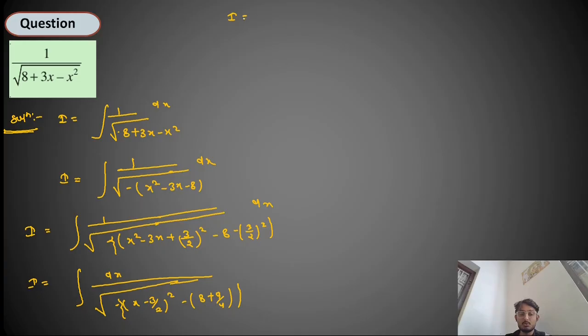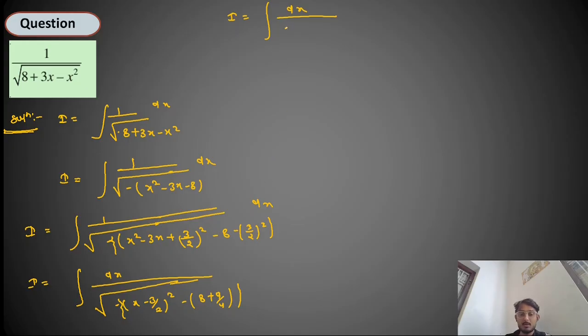So I equal to dx upon, here plus minus is minus and minus minus is plus, so you will get minus 8, 4 times 8 is 32, 32 and 9, 32 plus 9 is 41.